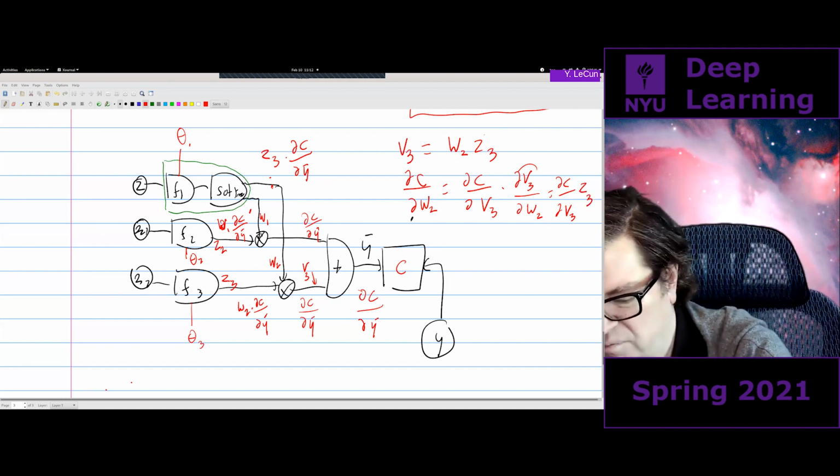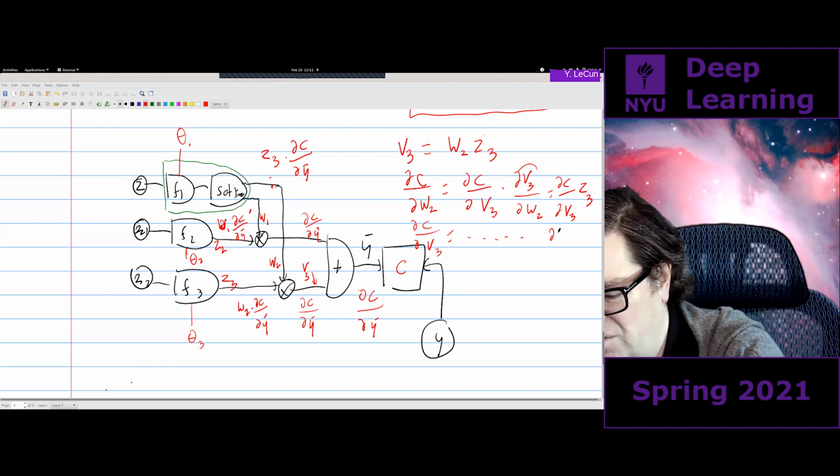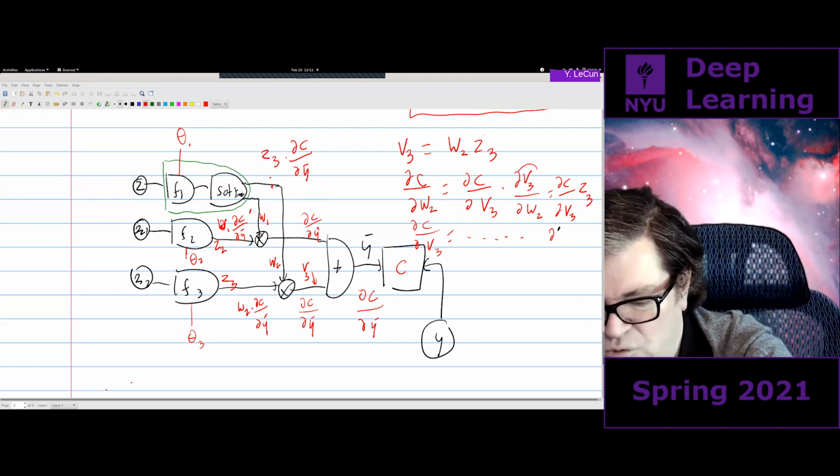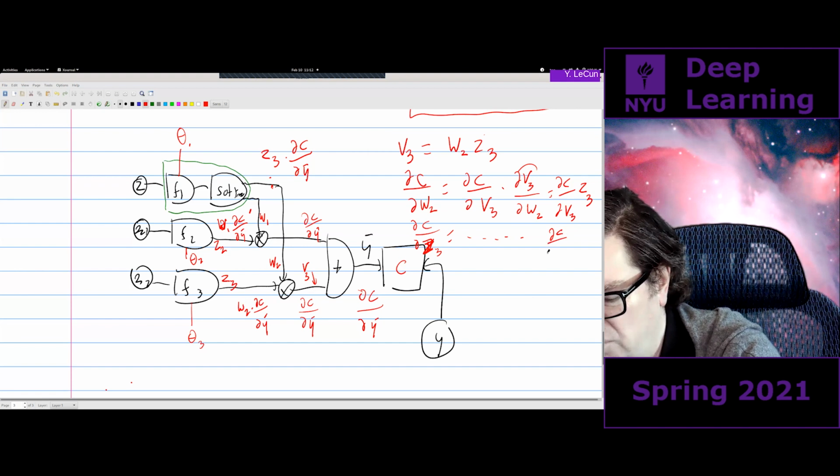And if I now differentiate with respect to z3, going through the same process, I get dc over dv3, which I know, times w2.